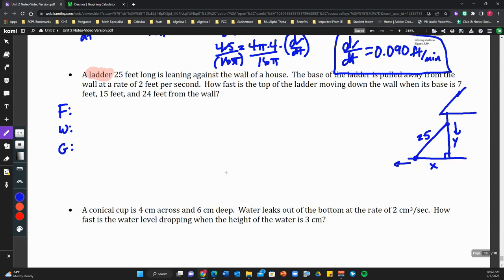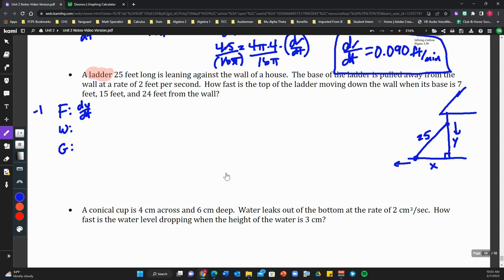Once you label those side lengths as x and y, now we can identify our find when given. My goal is to find how the height of this side, or this length y, is changing. So that would be dy/dt. And just from looking at the picture, as we pull the bottom out, y, that height, the top of the ladder, is going to get closer to the ground, or the size of y is shrinking.